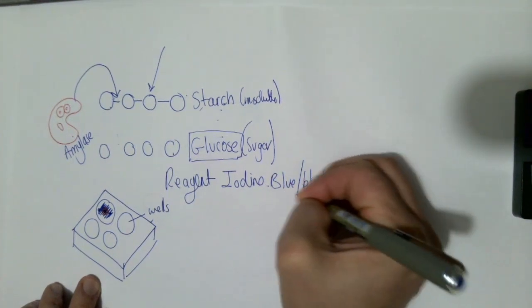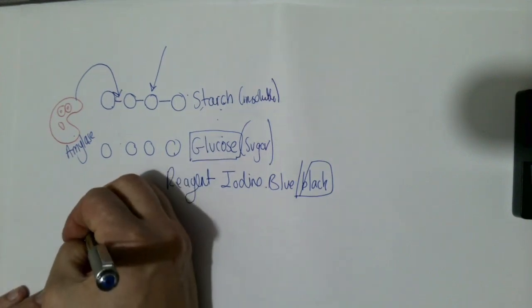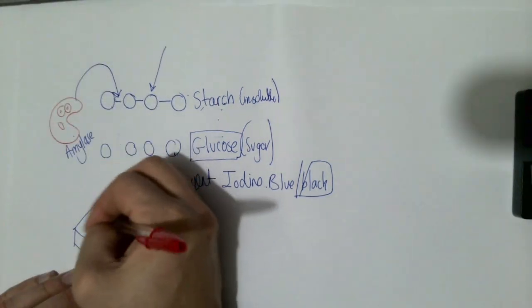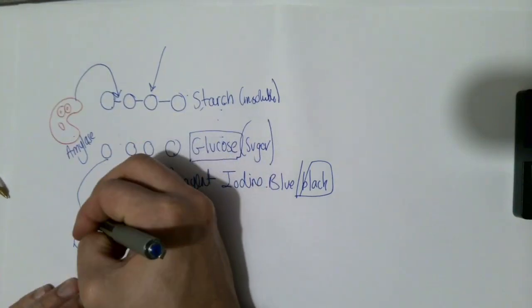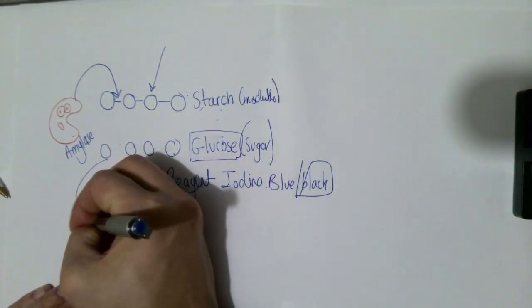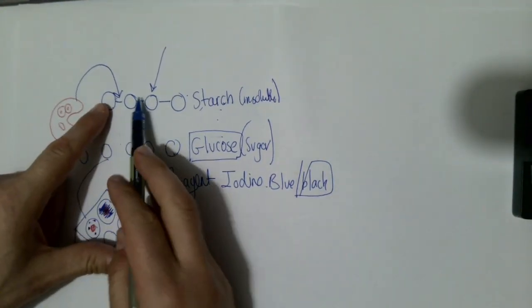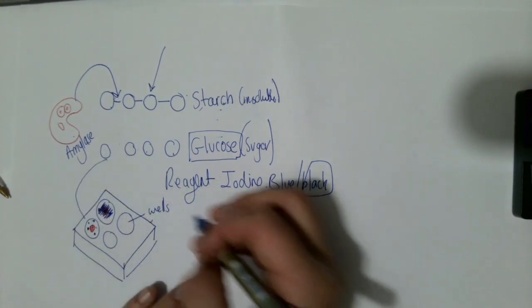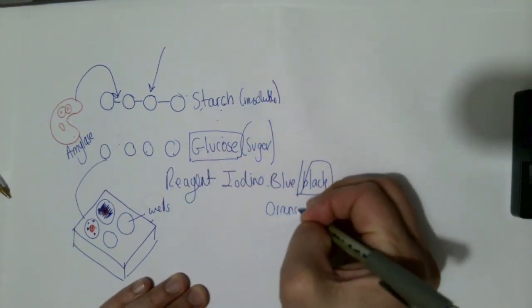I don't know why they put the blue, because it is definitely black, but it goes blue black, and that tells you starch is present. If I was to then put a drop of iodine into this well, and I add glucose into the well, nothing happens. Nothing happens because iodine tests for starch, it doesn't test for glucose. So the iodine, which is orange, remains orange in the presence of sugar.